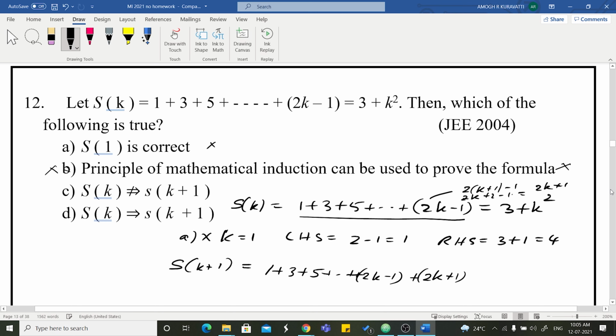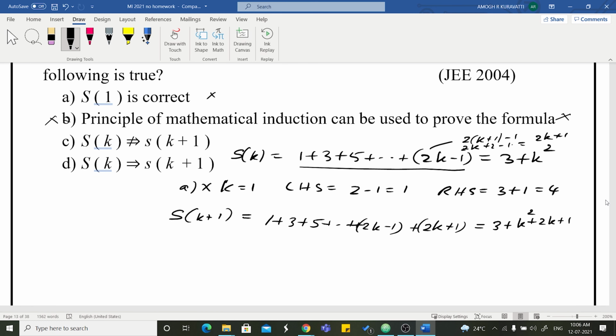So adding the k plus 1 term, namely 2k plus 1, to 3 plus k square, adding 2k plus 1. Then simplify the RHS. So that is equal to 3 plus k square plus 2k plus 1. I think it is a perfect square, that is k plus 1 whole power 2.